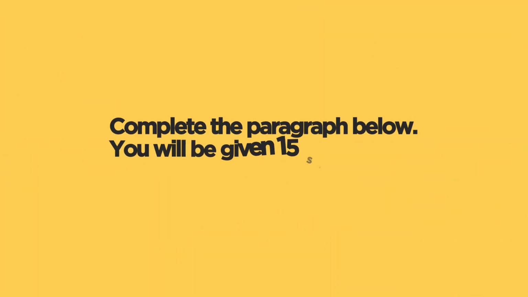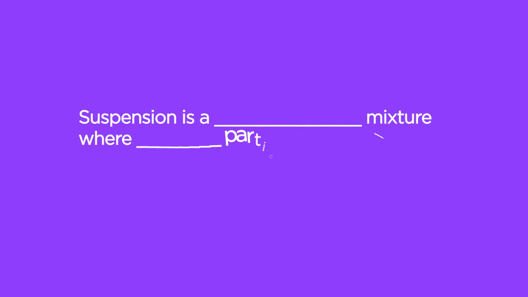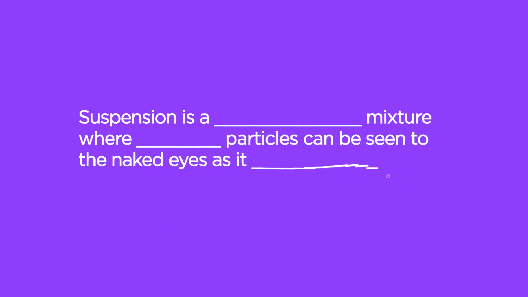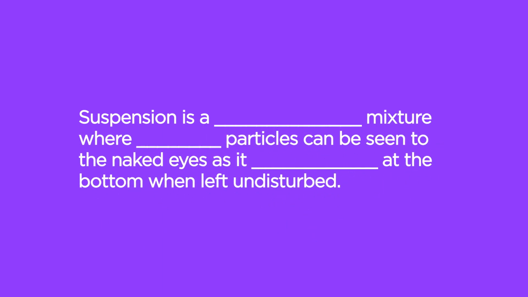Direction. Complete the paragraph below. You will be given 15 seconds to answer. Suspension is a mixture where particles can be seen to the naked eyes as it at the bottom when left undisturbed.